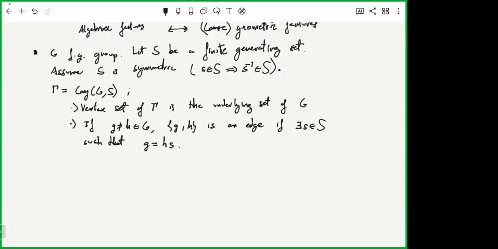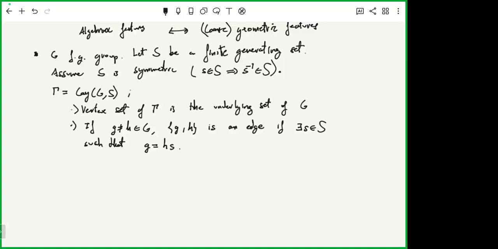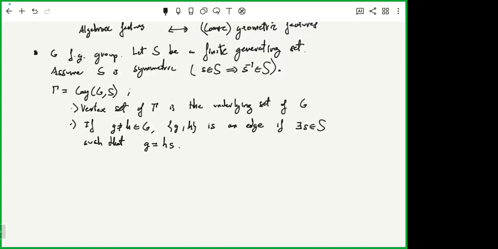This is how we will see our group as a metric space, by looking at this graph.